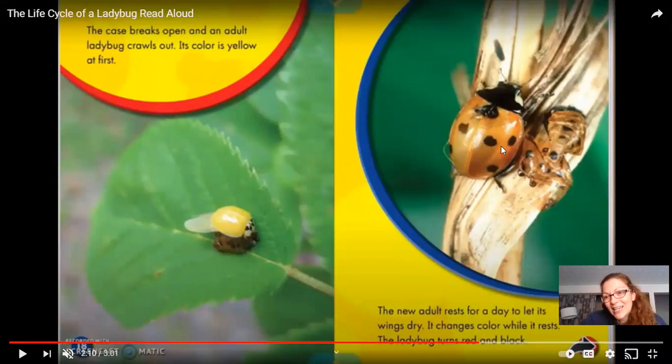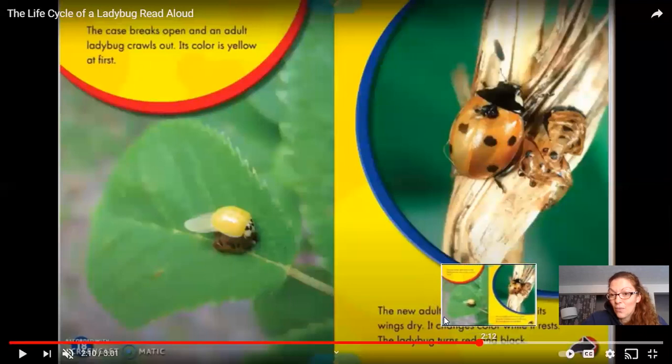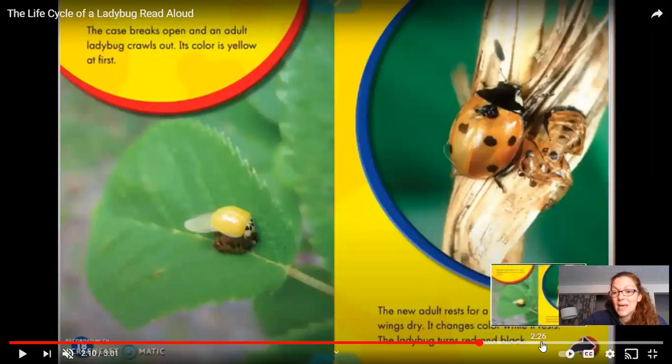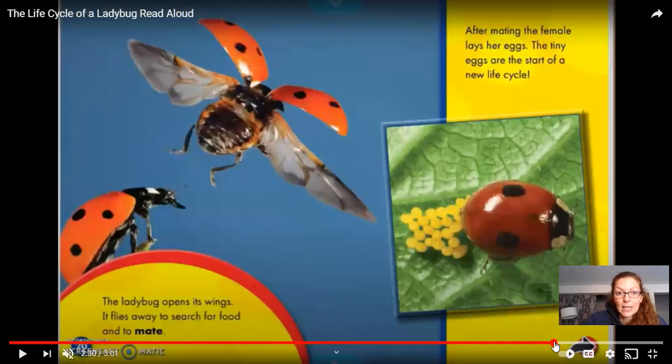The ladybug turns red and black. And look, you can see the hard case of the pupa that it came out of. So it was in that. And then when it was ready, when it changed, right, the metamorphosis was done, turned into the ladybug. Wow, that is amazing. Mother Nature is amazing.